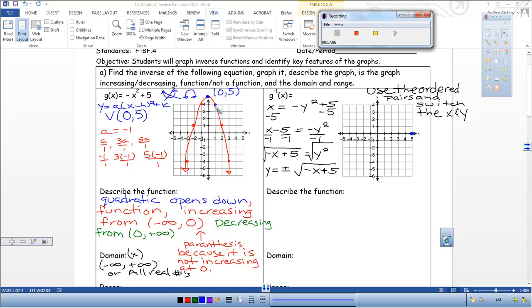This point right here is where x is 1 and y is 4. So I'm going to graph where x is 4 and y is 1. Then I'm going to graph this other point, which is negative 1 and 4. So I'm going to go where x is 4 and y is negative 1.